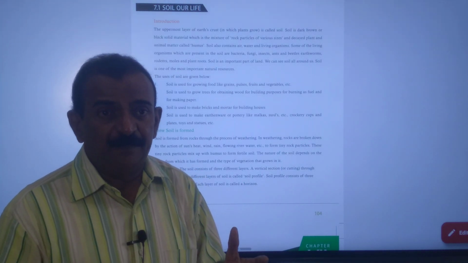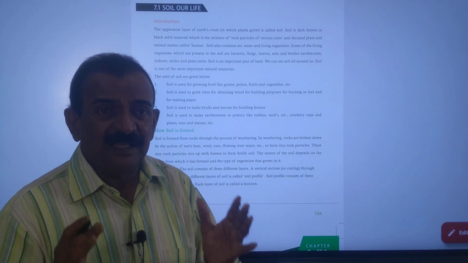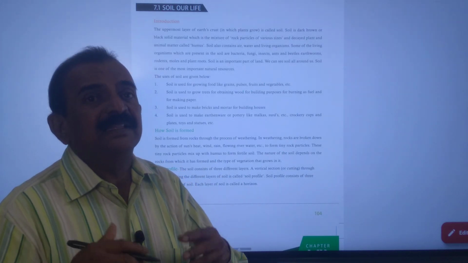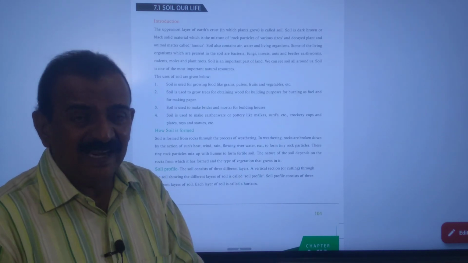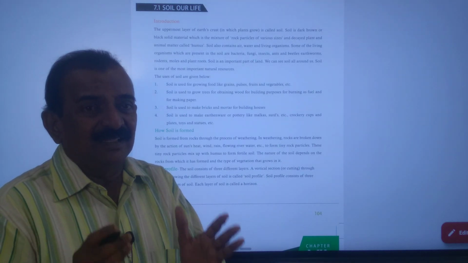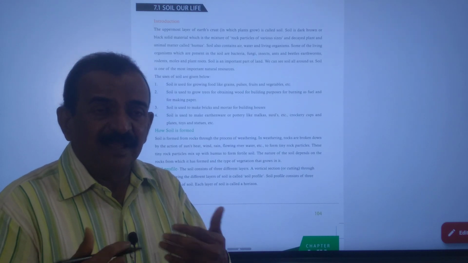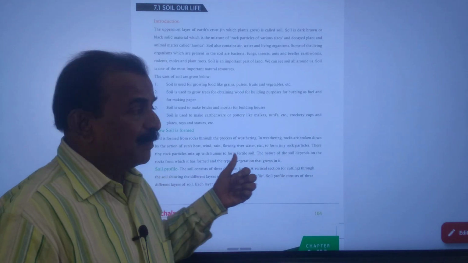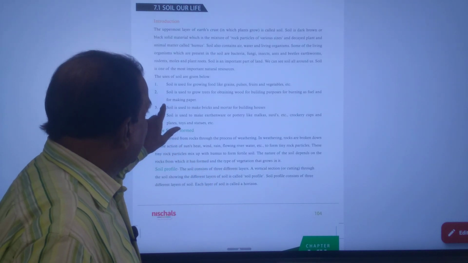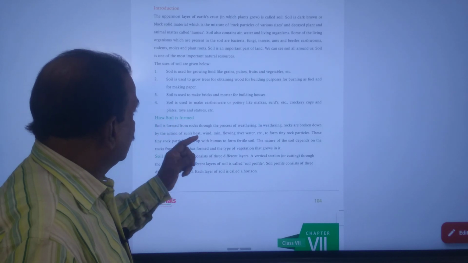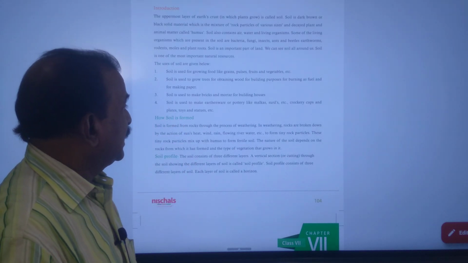We use paper, and that paper we get from plants, and these plants grow on land. So the soil provides a habitat and a medium for the growth of many plants. The third one is that soil is used to make bricks, and the fourth is that soil is used to make earthenware.